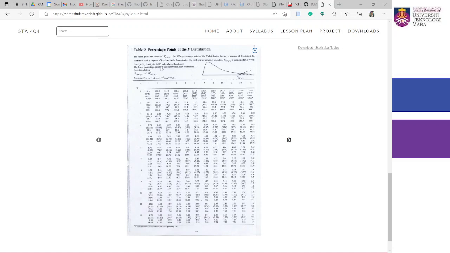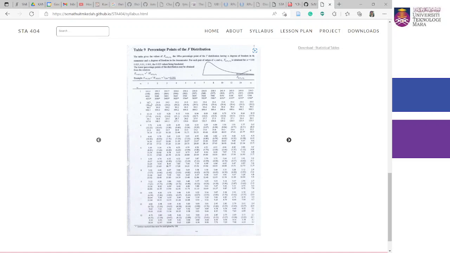The 0.025 value is in brackets. So that means the first row is for alpha 0.05. The second one in bracket is for 0.025, and then you have 0.01 and 0.001 with the star.